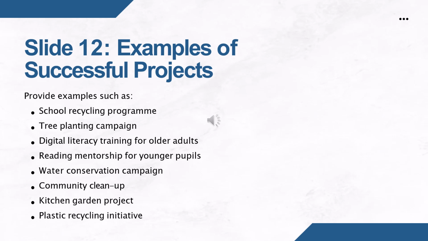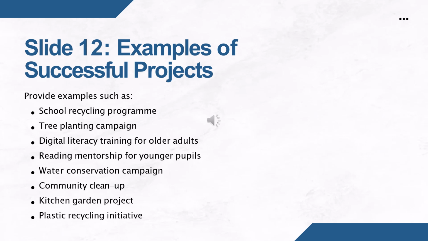Another valuable project is providing digital literacy training for older adults, helping them learn basic computer and smartphone skills. Learners can also support younger pupils through a reading mentorship program, helping them improve their reading and communication skills.